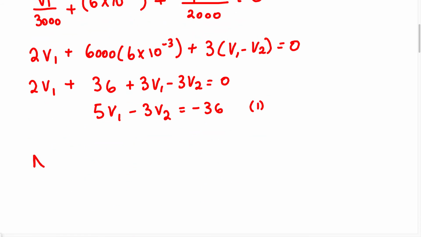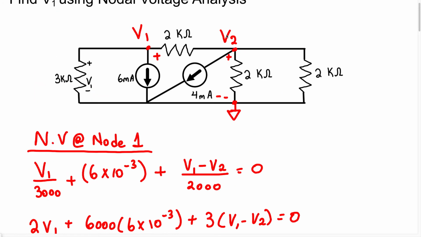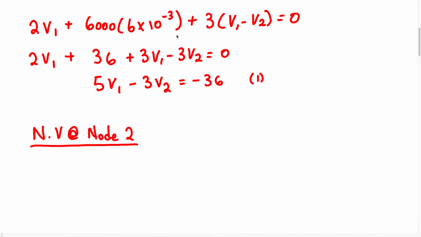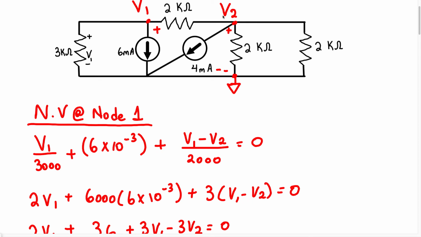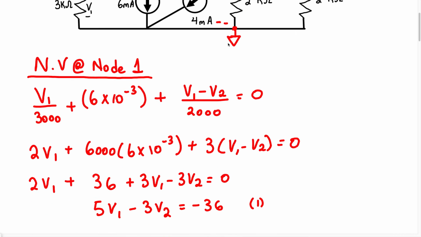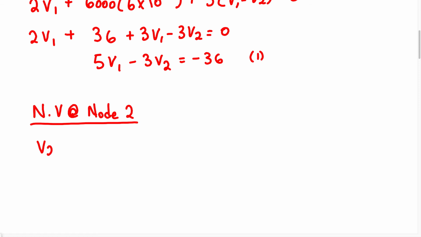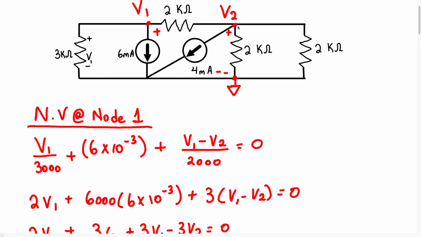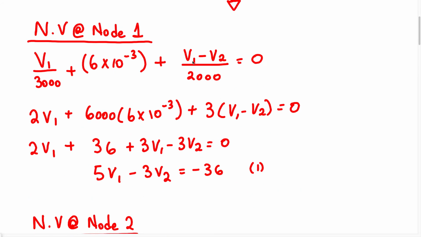So we have node voltage at node 2. The current leaving this node is going to be in this direction here. So we take the voltage difference between these two nodes divided by the resistor. Because we're assuming the current is leaving the node, we now take V2 as our first term. So we have V2 minus V1 this time, divided by 2000, plus we have a current source right here that is leaving this node, so plus 4 milliamps.